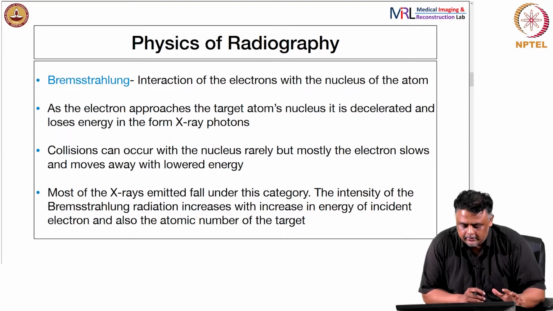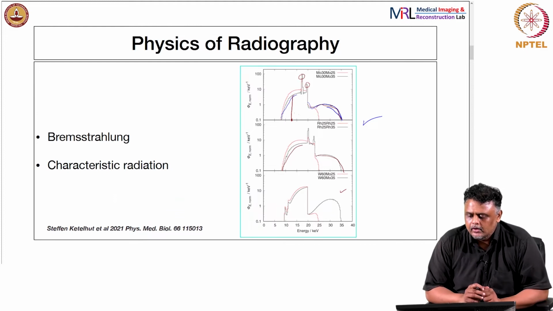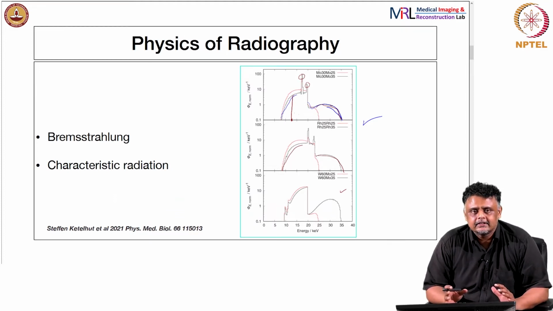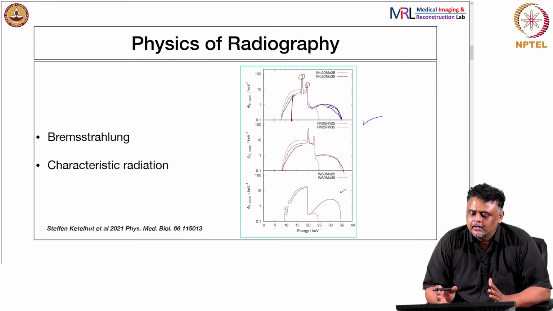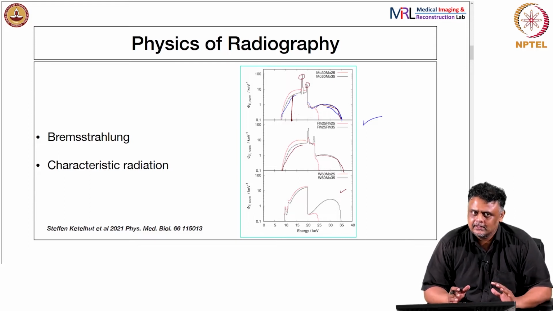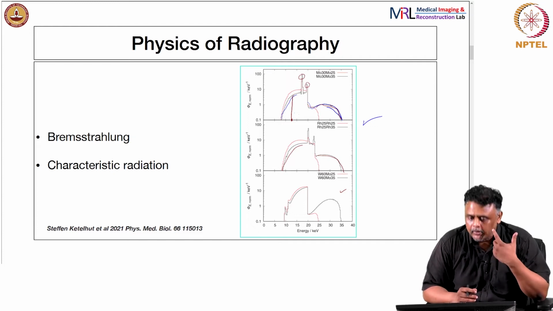Another point to note, once you go back to the spectrum, is that the spectrum is a function of energy. That is why it is called a spectrum. Whatever comes out from a typical X-ray tube has an entire range of energies; it is not monochromatic. When you do a lot of the analysis or try to do reconstruction, you would end up assuming an average energy, or a monoenergetic beam, but that is not entirely true.